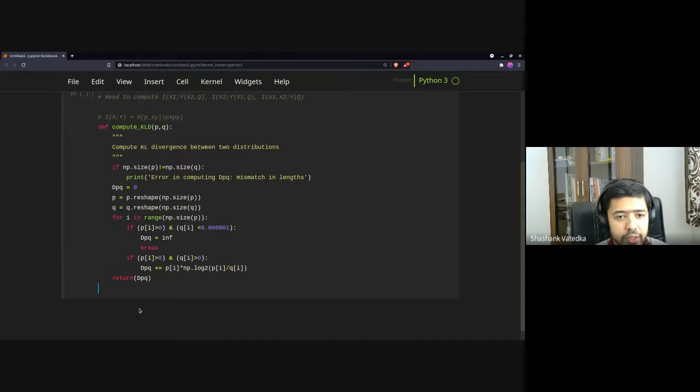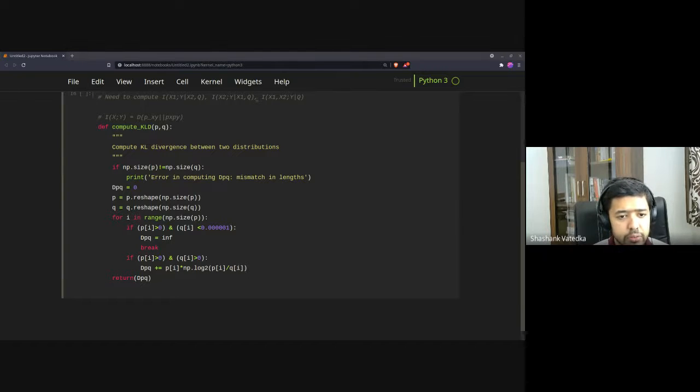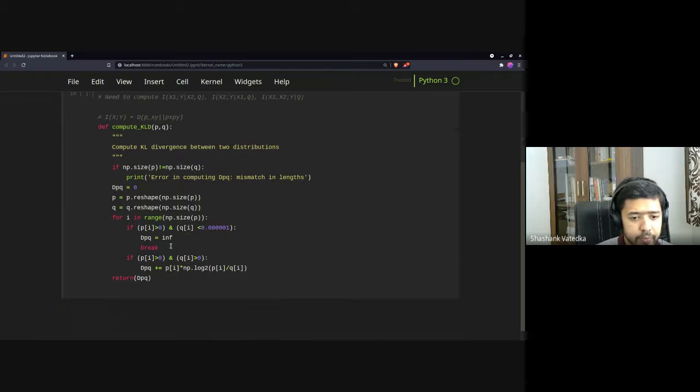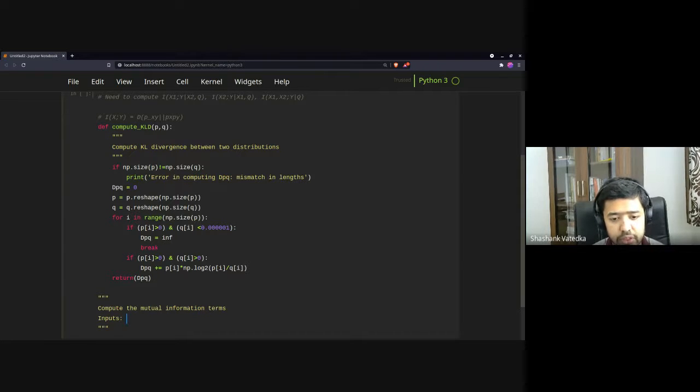Okay, so now that I have a module which computes the KL divergence, I need some modules to compute these mutual informations. So I need to compute the mutual information terms, and what should the inputs for these be?